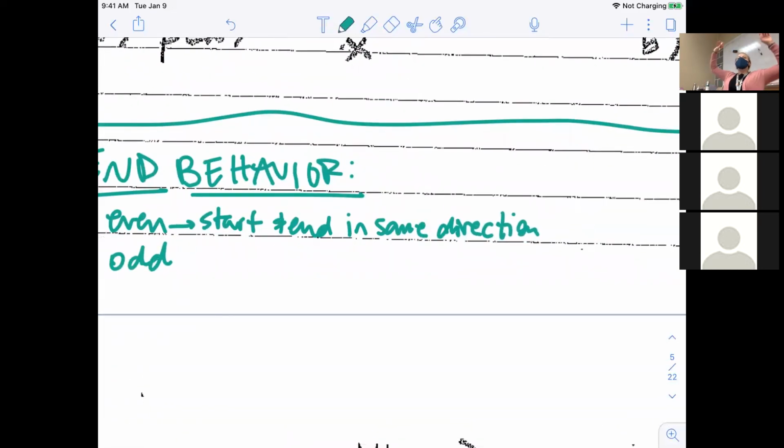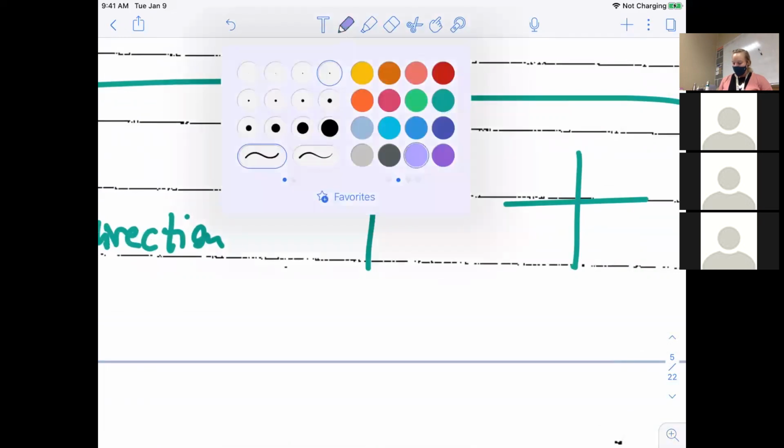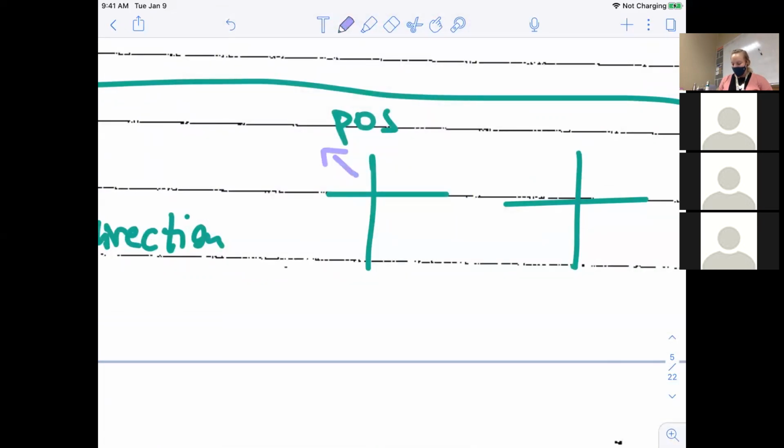That means that it either both starts high and ends high like this, or it starts low and ends low like this. I'm going to show you an example of that. So I'm going to have 2 graphs over here. The first one I'm going to show you is positive. It started high and it ends high. Both of them are going up. That's the same direction.